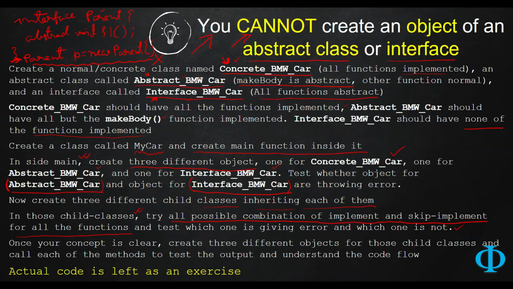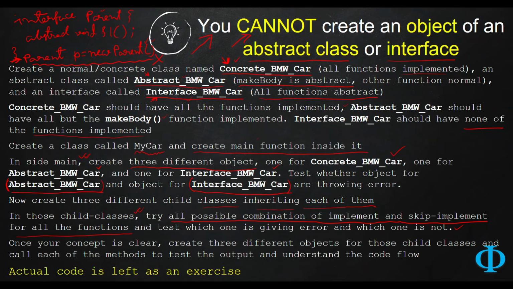Let us say that your child of abstract BMW car extends abstract BMW car, and you have skipped the implementation of make body. Of course, you can expect an error because make body is an abstract function inside abstract BMW car.